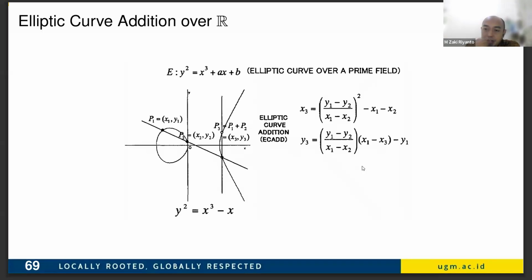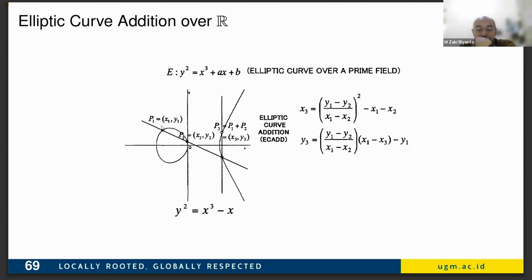There are three conditions. If we have two points (x1, y1) and (x2, y2), and they are different, then the operation between the two points, which we call addition, is performed like this.